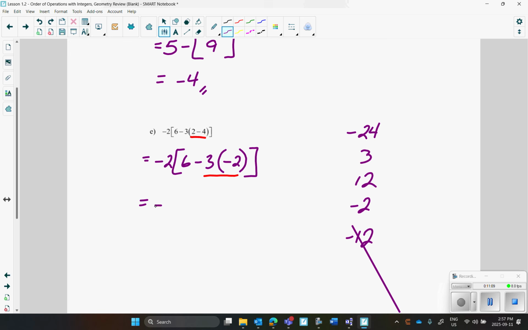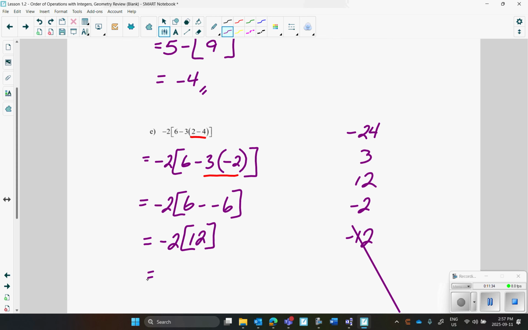So that's going to give us -2. 6 minus 3 times -2 is -6, so it's actually going to change to plus eventually. This becomes 6 plus 6, 12.